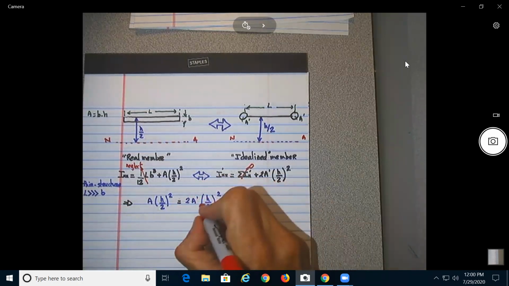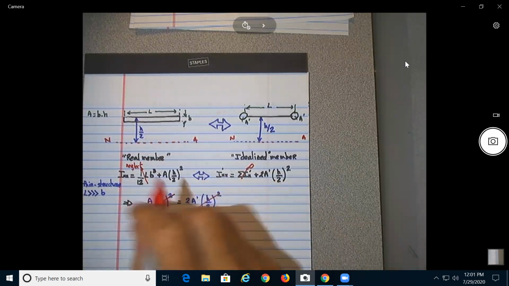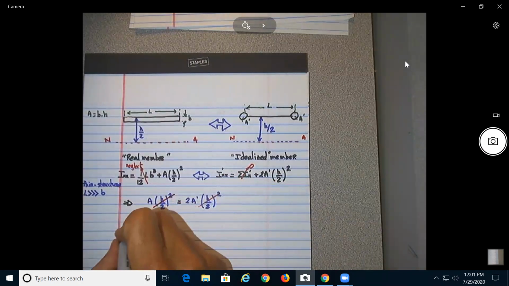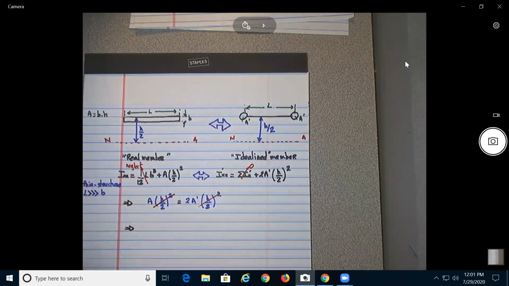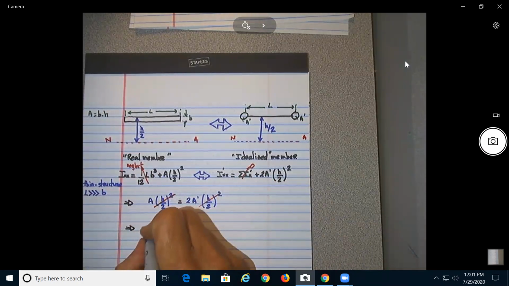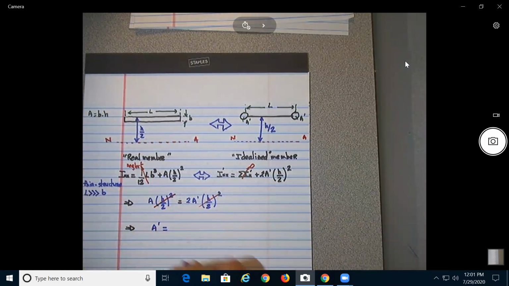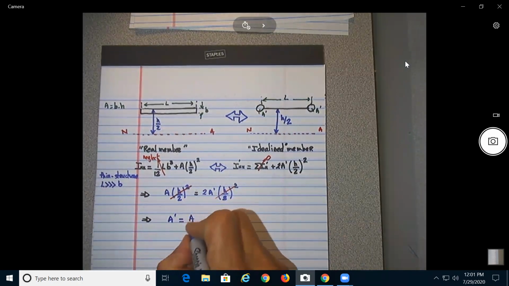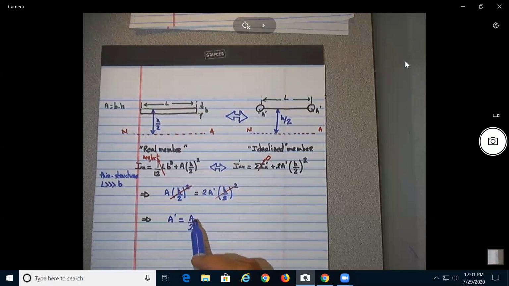So over here you see right away that these terms will cancel out, which will give you that the area of the idealized structure needs to be half of the area of the real member. Okay?